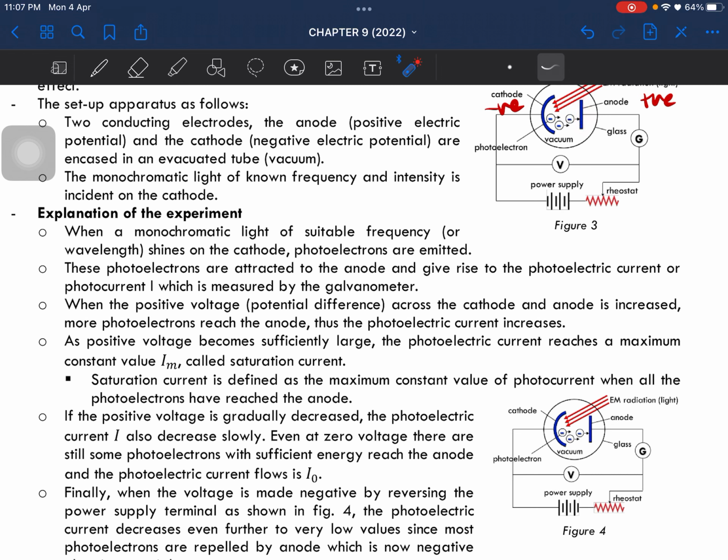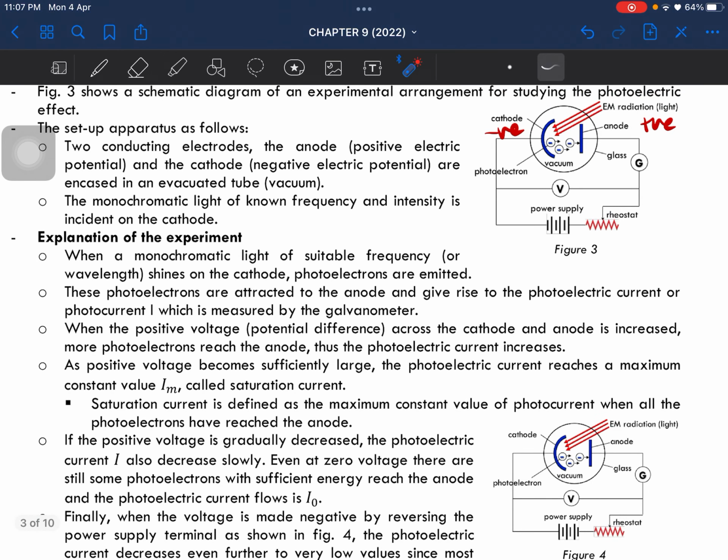Okay, because of this movement of these photoelectrons to this anode here, it gives rise to a photoelectric current. Okay, so there is current because there is movement of electrons. Okay, so it is also known as photocurrent, which is measured by this galvanometer, which is this one. Okay, so if there is deflection it means there is current.